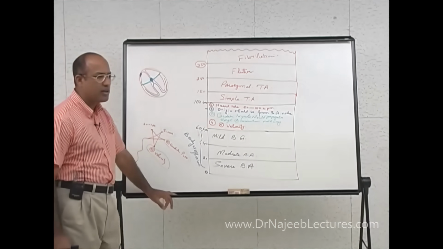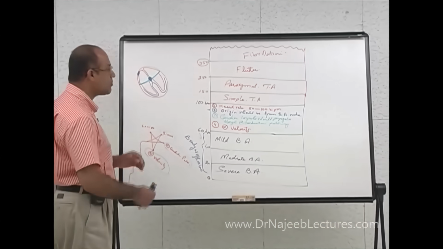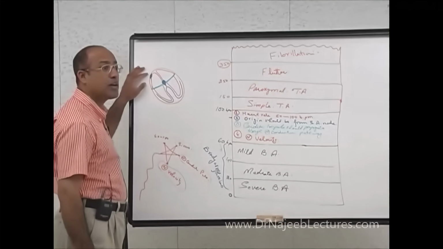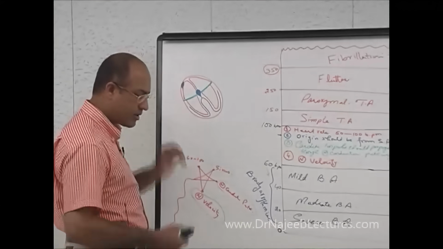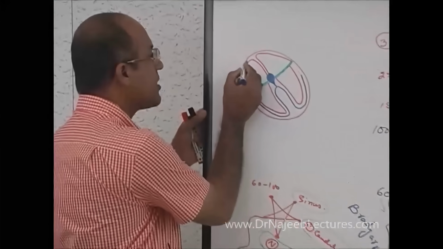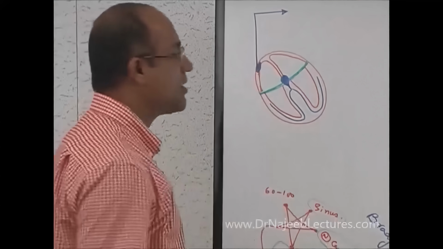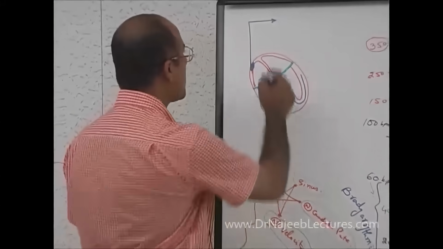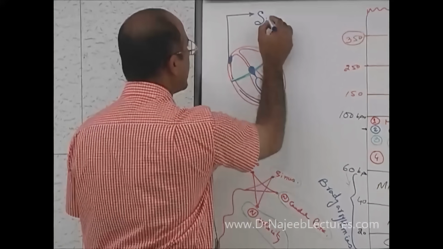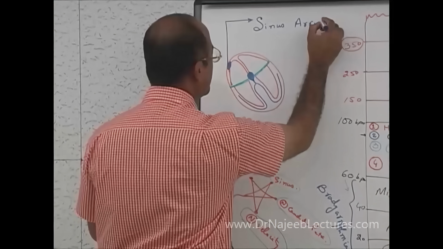The second way to classify abnormal cardiac rhythm is according to the main site where the abnormal rhythms are generated. For example, any abnormal rhythms which are coming from the SA node, we call them sinus arrhythmias.